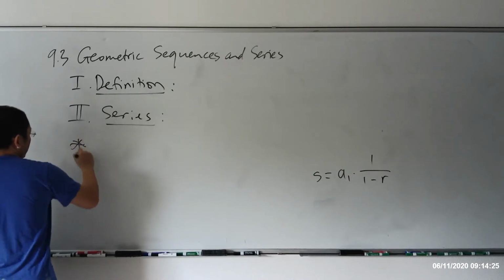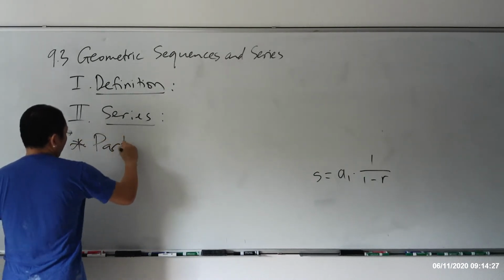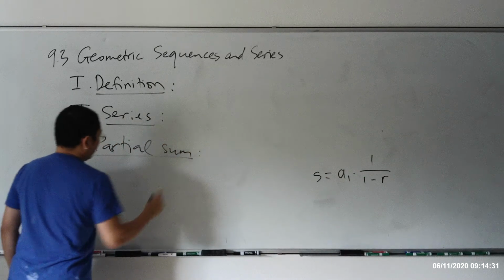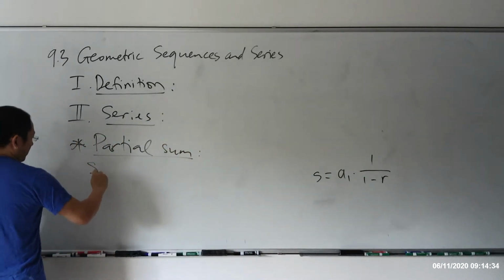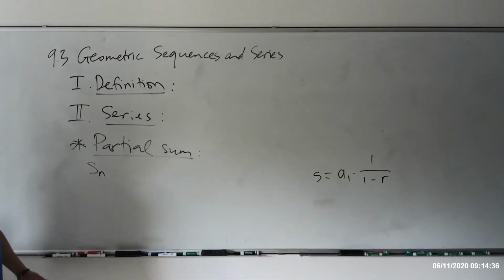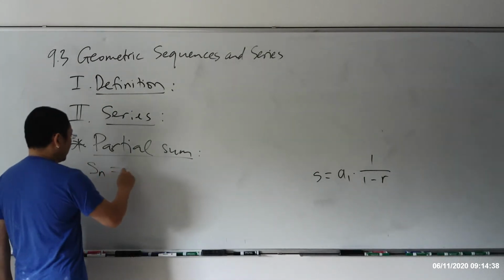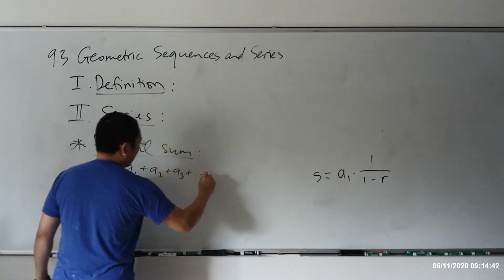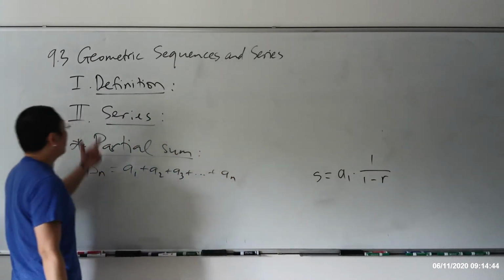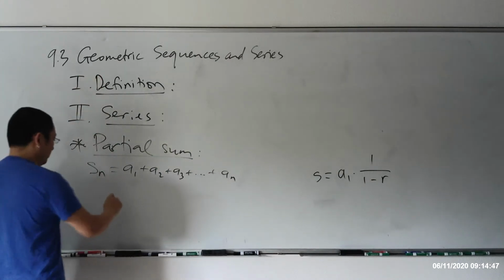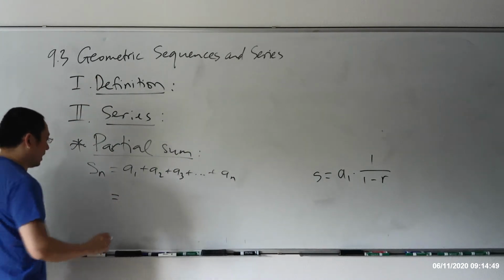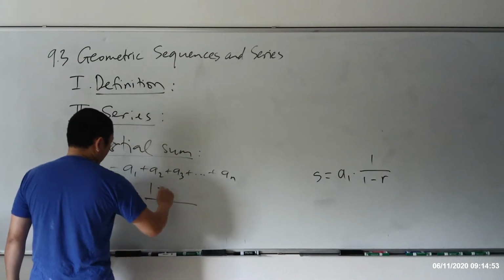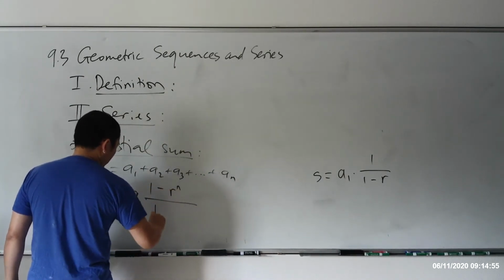As usual, partial sum is denoted by Sn, and Sn means the sum of the first n terms: A1 plus A2 plus A3 and so on all the way to An. And for a geometric sequence, the partial sum is calculated by A1 times (1 minus r to the n) divided by 1 minus r.